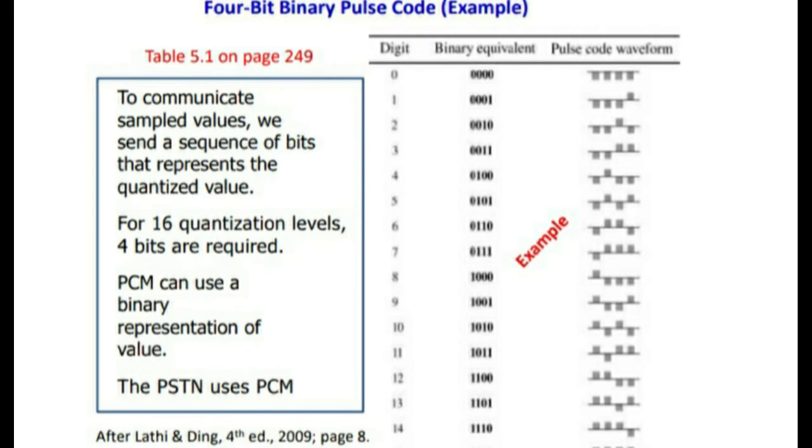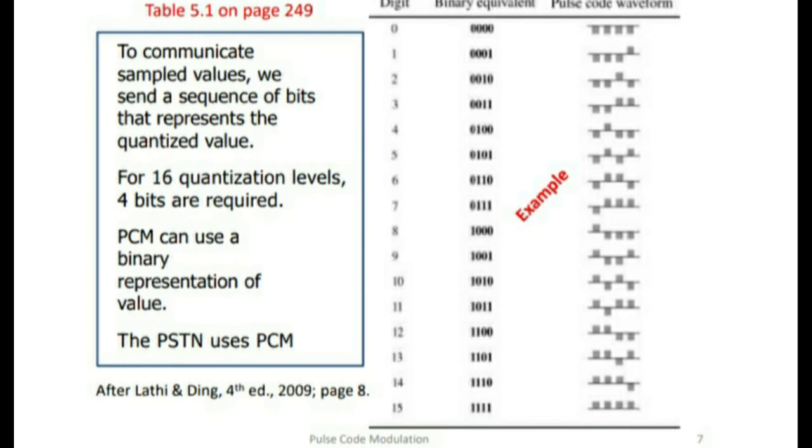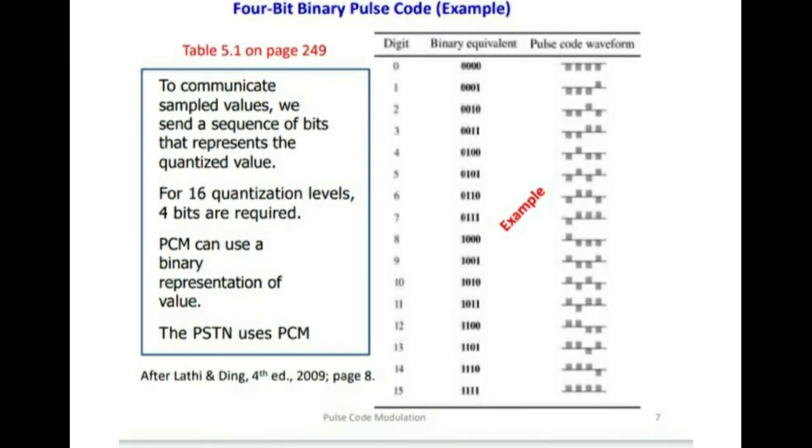Now, in this tabular column, the first column is the decimal values 0 to 15, the 16 levels. The second is the binary equivalent. You don't need to consider how these binary values are derived for the decimal system. You just remember the 16 levels.